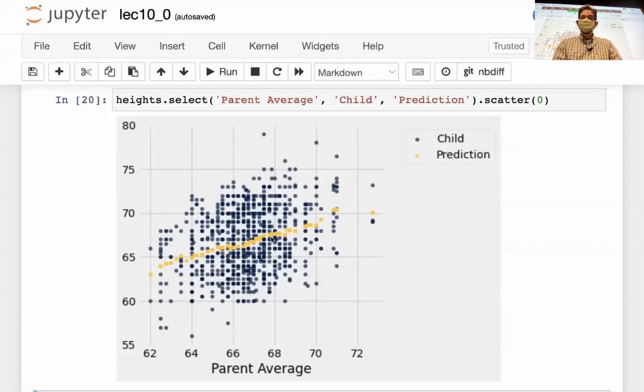It is fairly straight, though not perfect, and it has that characteristic we described: if you go way out to the right, 70, what you get here is below 70, and when you go way out to the left, like 62, what you get here is above 62.